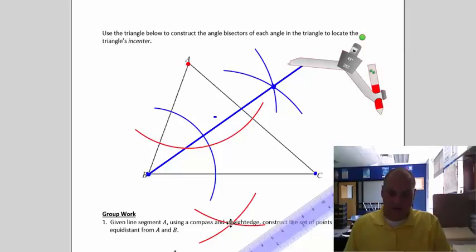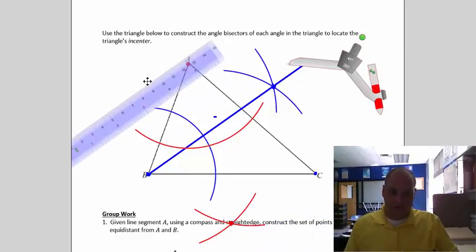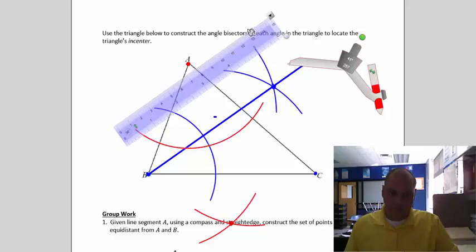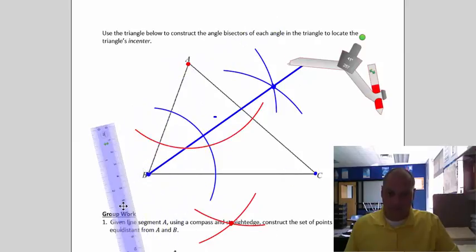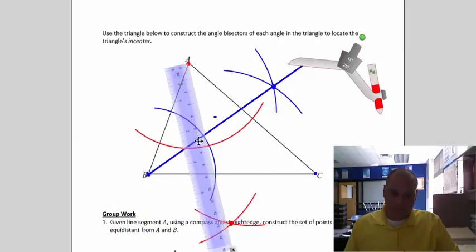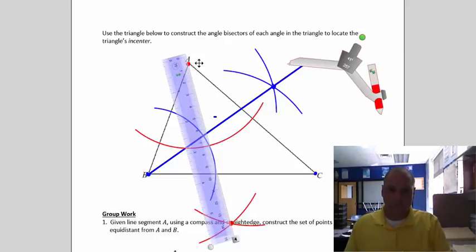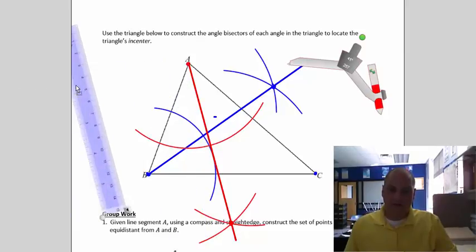It's just keeping everything straight that is the hard part. So see that point right down there? That's going to get connected to A with my straight edge. And boom, there it is. So there's two angle bisectors.